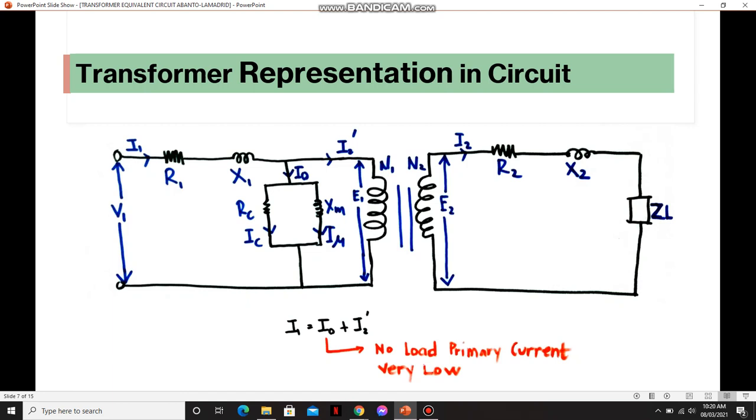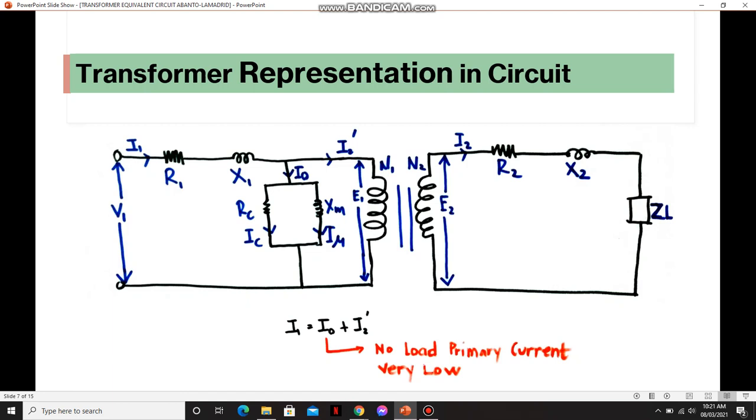The E1 is the EMF induced in the primary side, and the N1 is the number of turns in the primary winding that links to the secondary turn N2. E2 is the secondary induced EMF, and the secondary current I2 flows through secondary resistance R2, the secondary reactance X2, and the load ZL.